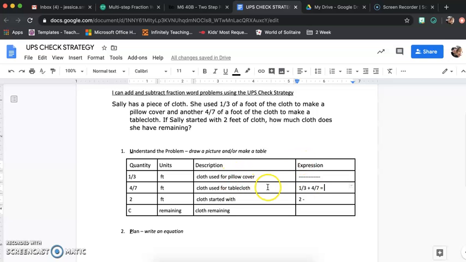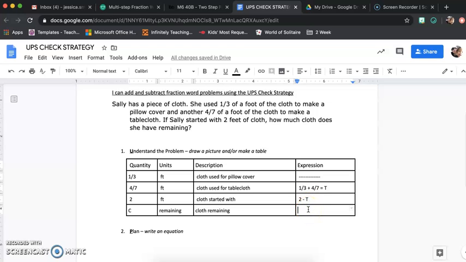So let's just say that's T for the total of how much cloth. Okay, so she started with 2 feet, and we're going to subtract the total from that, which we know T is up here. Remember what I told y'all? When we have something that equals a variable and we need to plug it in, like the Glade plug-in, we're going to plug it in to figure out our answer. Don't laugh, you know you liked it.